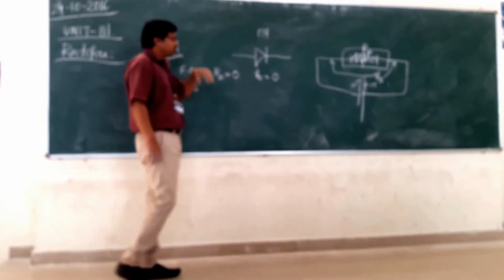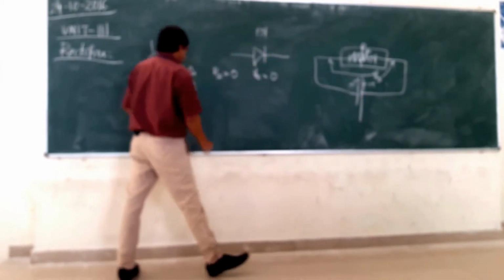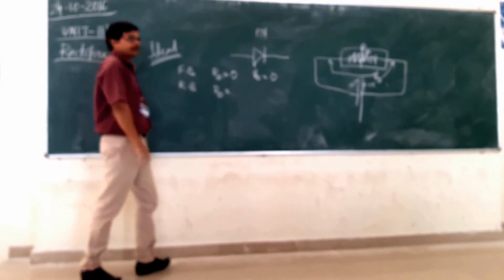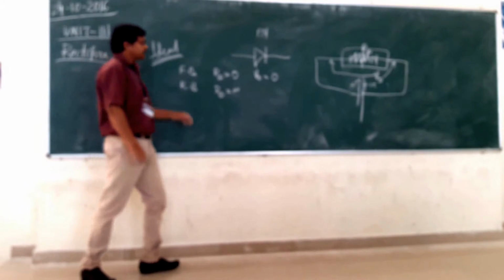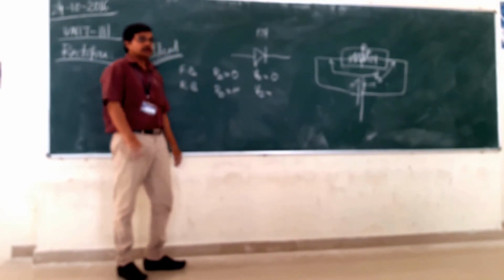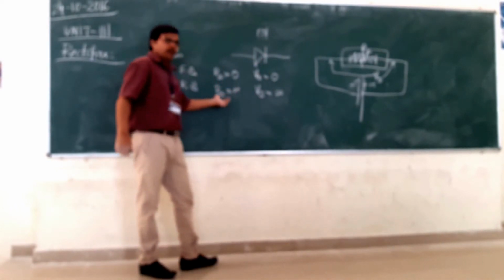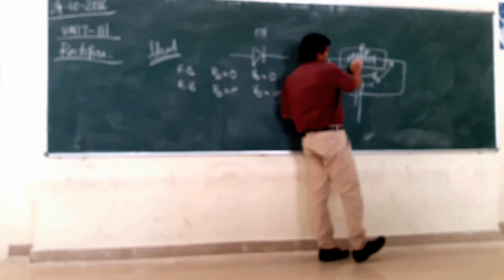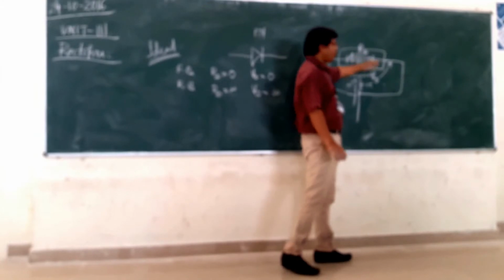Similarly, for reverse bias, where we just change the polarity, the resistance across the diode will be infinite, and the voltage across the diode will also be infinite. Infinite resistance means it is something like an open circuit.